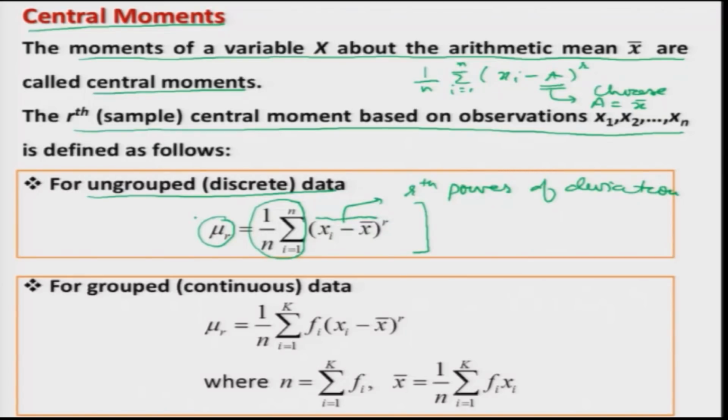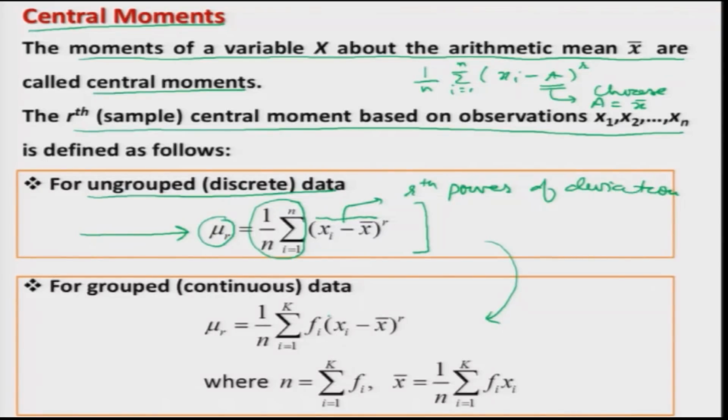That is the standard notation: the raw moments are denoted by mu r prime and the central moments are denoted by mu r. So, the rth central moment in the case of ungrouped data is given by mu r is equal to 1 upon n summation i goes from 1 to n x i minus x bar raised to the power r. A similar definition can also be extended to the case of grouped data.